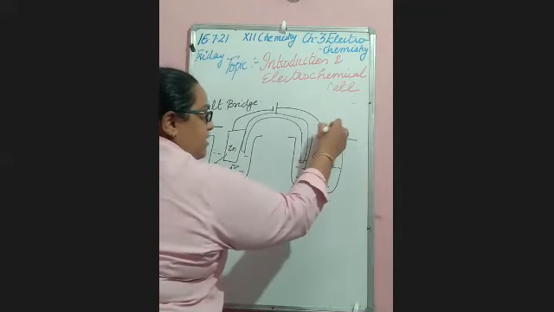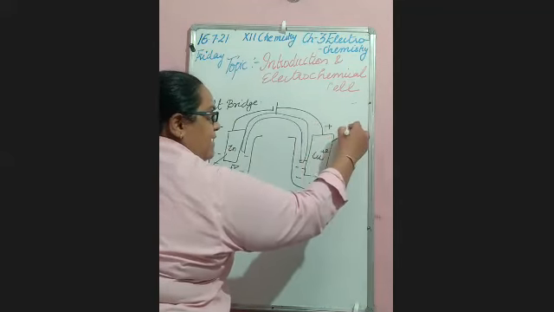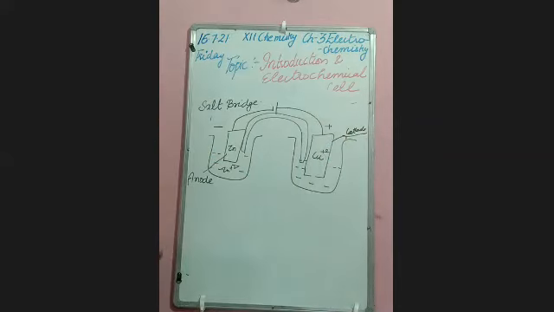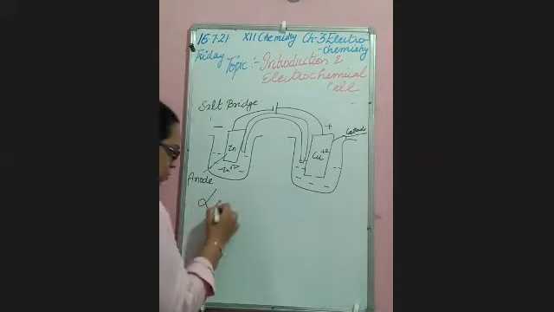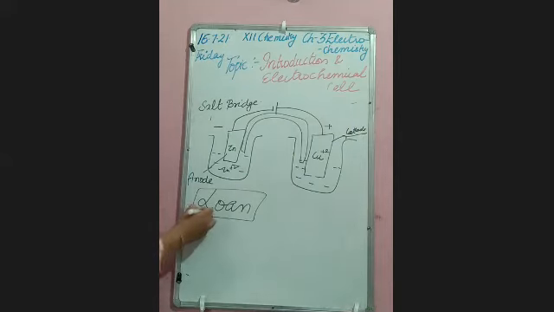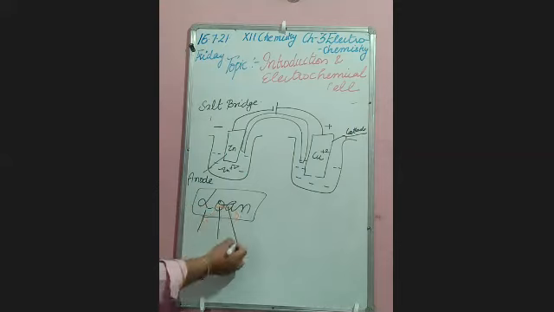And this one is connected to the positive terminal of the battery and it is named as cathode. My dear students, this is a very important trick I am going to explain to you, that is LONE.